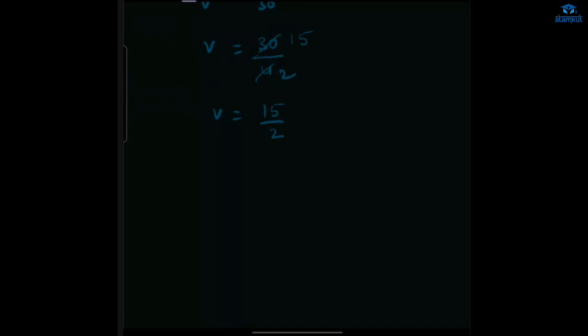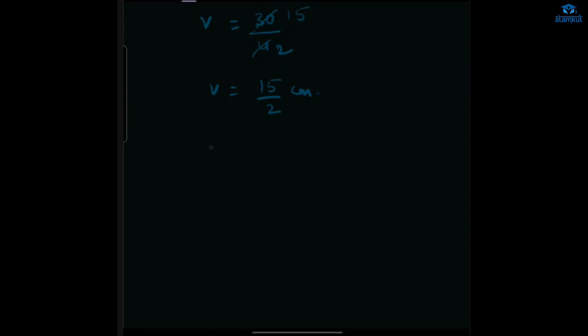In the last lecture I showed you that the image was forming always on the right hand side of the mirror, and it was always virtual, so it will be positive 15 by 2. Don't forget to put the unit. It will be 15 by 2 centimeter.